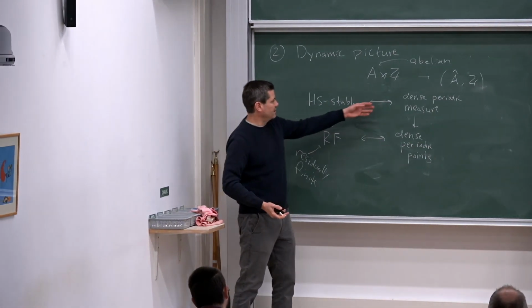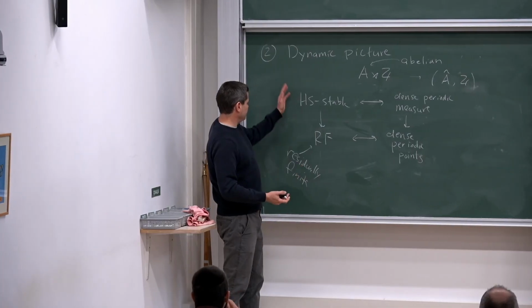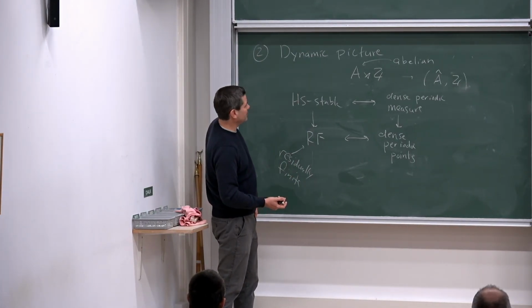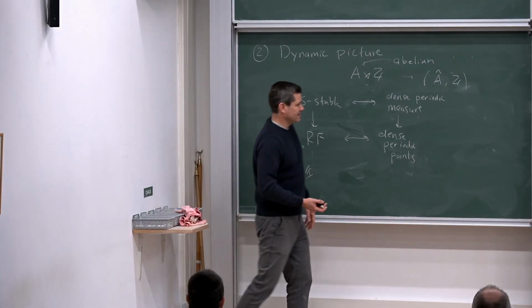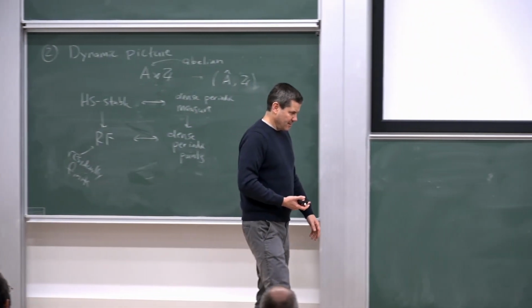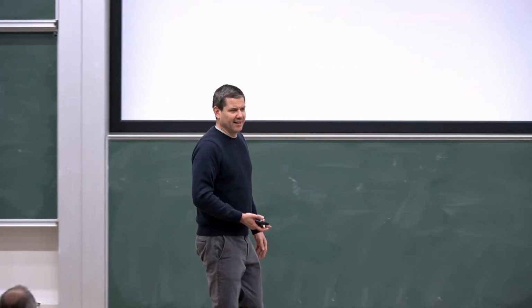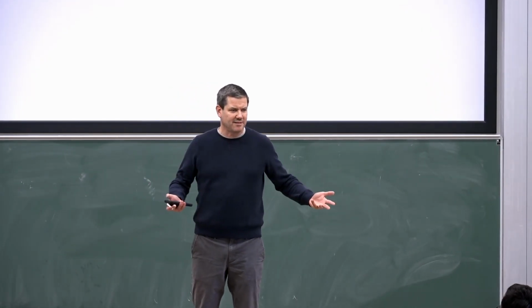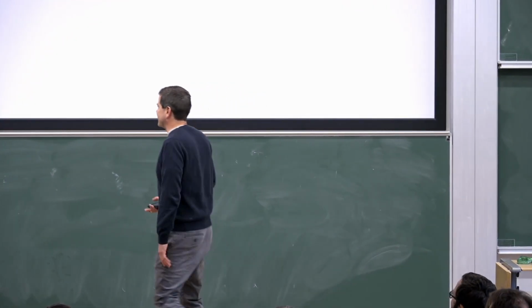Okay, either of these are easy to see. Let's say it's finitely generated. It should be fine. What does dense periodic points mean, compared to dense periodic measures? Dense periodic points means the set of periodic points is dense in the points. That's it. Just as it sounds. Okay.